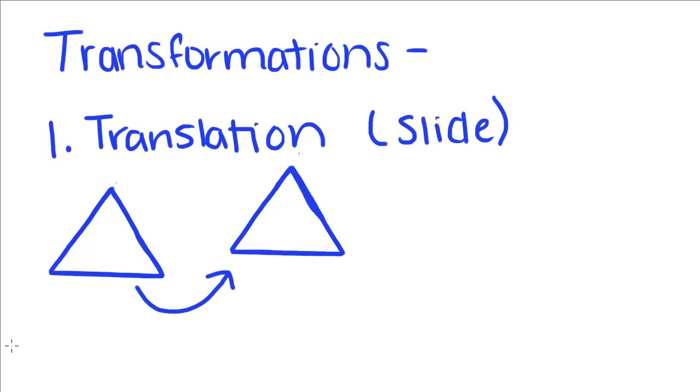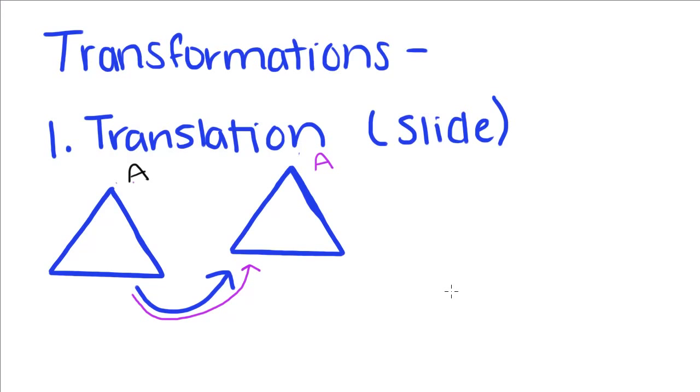So first is the translation, and it's more commonly known as the slide, where we just take, this is triangle A, and this is still triangle A. It's the same triangle. We just took it and moved it over and up.